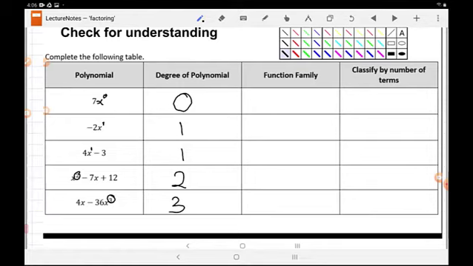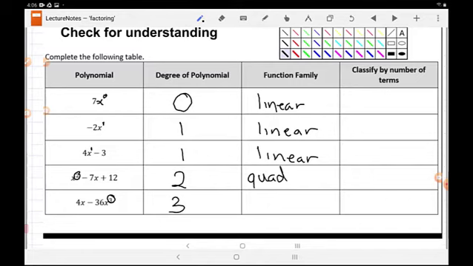And what we should remember about this first problem, if we just have a constant, that would make a horizontal line. So this is going to belong to the linear function family because it'll make a straight line. Degree 1 should also be linear. And same thing with this one here, should also be linear. Now for degree 2, those are called quadratics.